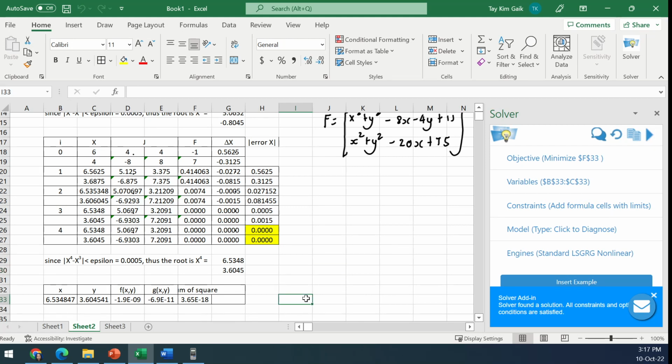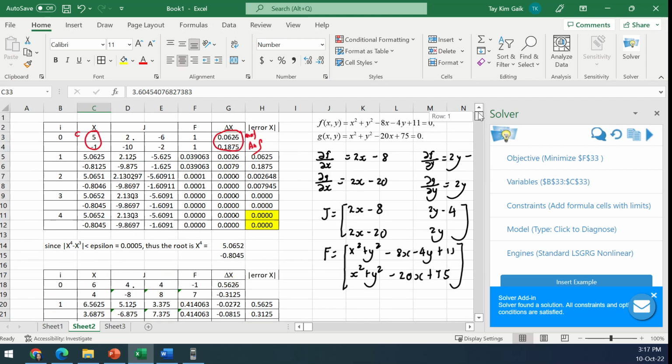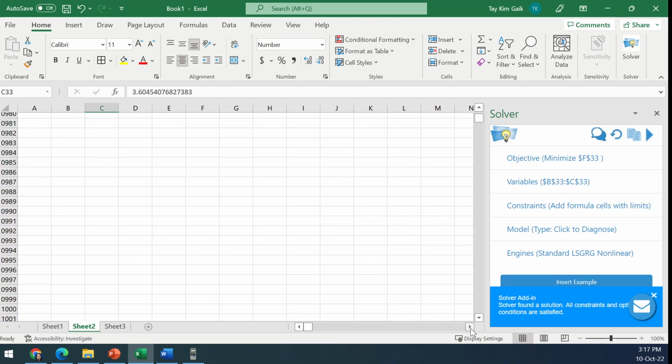Okay, we put 64, we obtain it to 4 decimal places, the same as here. But just now, when we put 5, -1, we cannot get it.